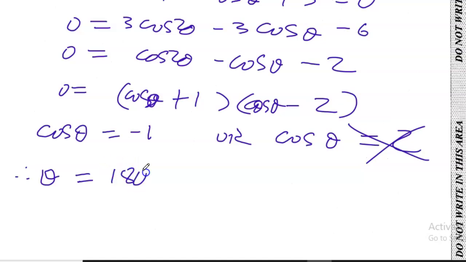That's 180 degrees, or pi radians. Or on the other angle, add 2 pi, that will be 3 pi radians. Or in degrees, that's 3 times 180. Right, so that's our solution.